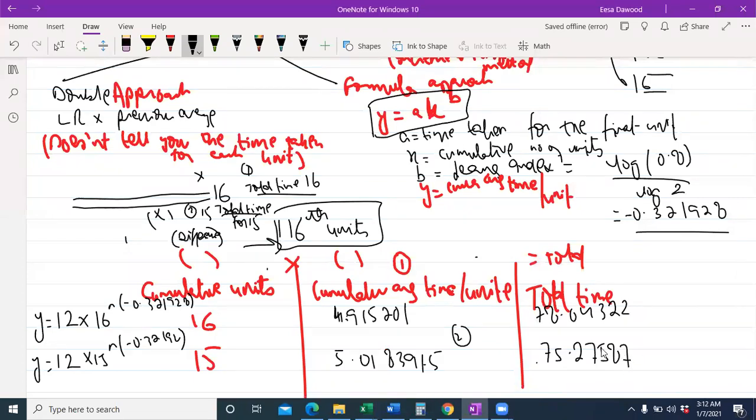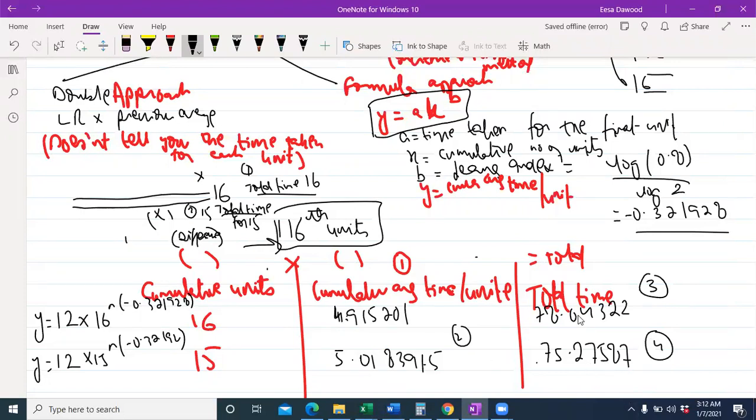First I calculated the cumulative average time per unit for 16 units. Then I calculated the cumulative average time per unit for 15 units. Then I got the total time for 16 units, and then the total time for 15 units.